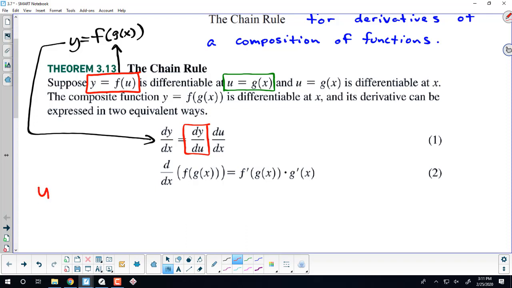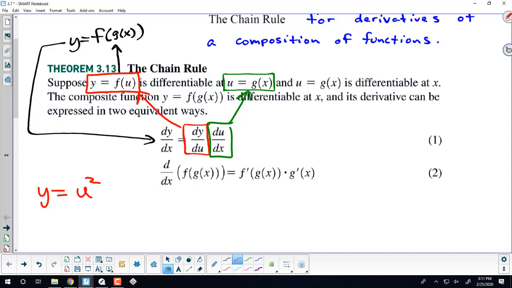So we would have like y equals u squared, and we take the derivative of that with respect to u. That's dy over du multiplied by du over dx. U, right here in green, is g of x. U is a function of x, and we take the derivative of that function with respect to x. This is from our substituted version of that function.